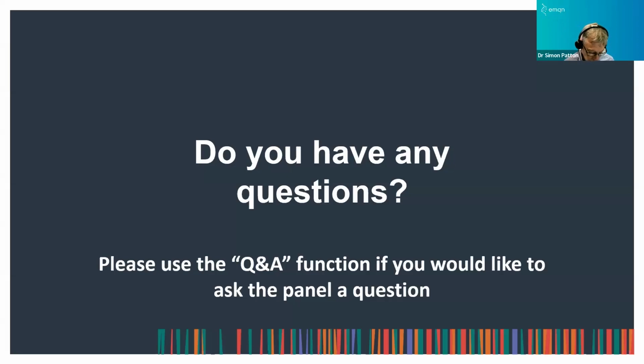I'm going to start off really with a general point. I noticed there were a couple of questions from participants about UK Biobank data, and I'm very keen to hear the panelists' perspective on this. The questions relate to whether UK Biobank data is only unaffected individuals.